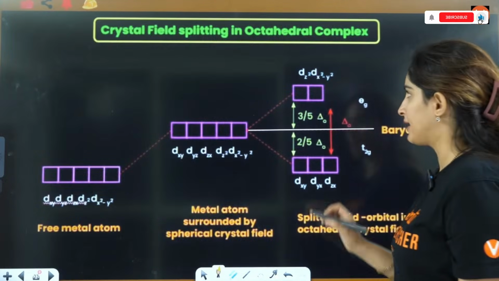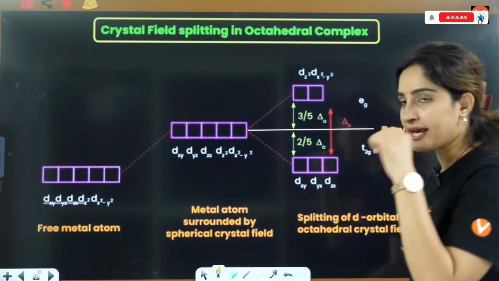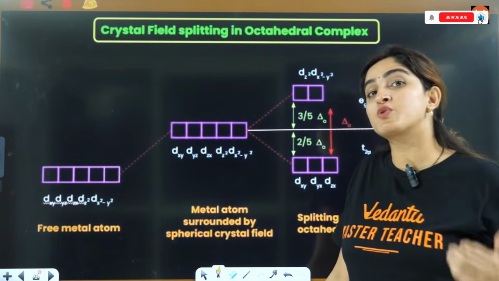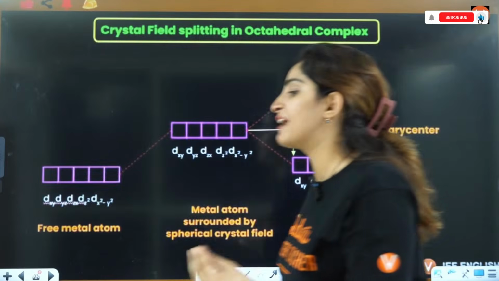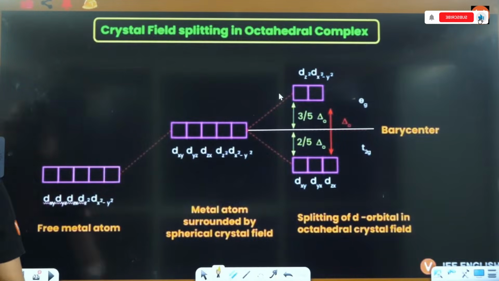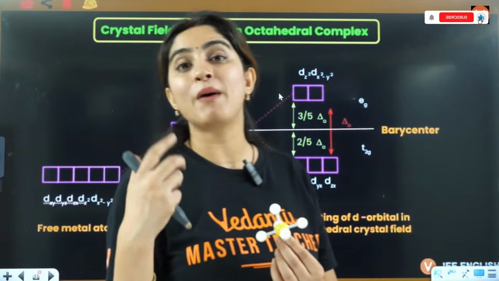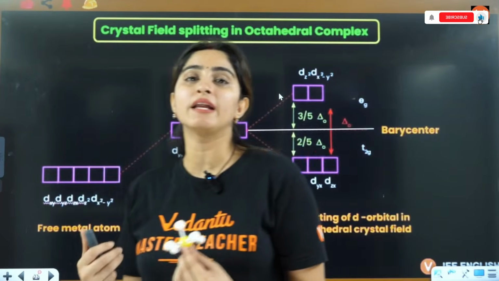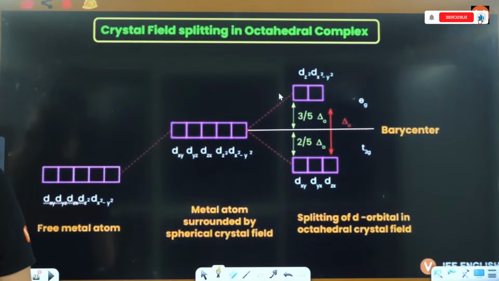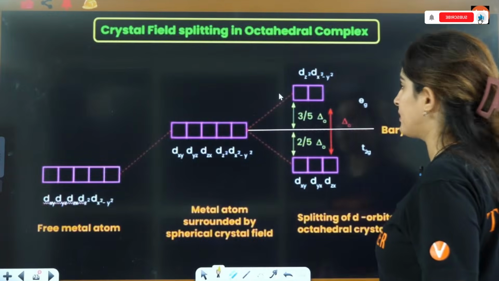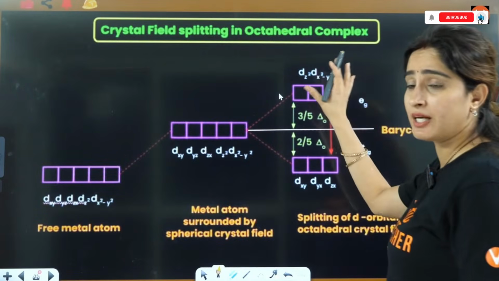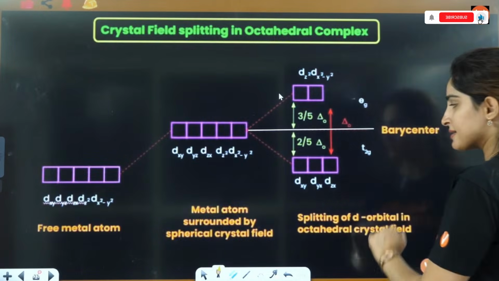Because dx square minus y square and dz square lie along the axis, and the octahedral ligands are also along the axis, repulsive forces will be more in case of dx square minus y square and dz square. That is why you will see a rise in energy and stability will be less. Here there will be a decrease in energy.